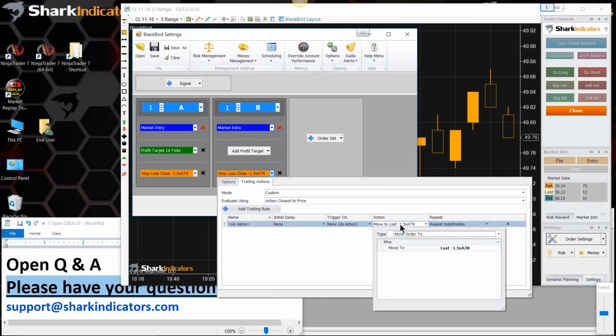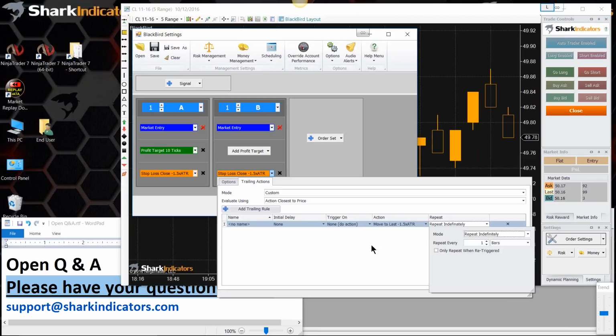It's going to keep our stop loss trailing by 1.5 ATRs, and it's going to repeat every bar. Of course, we could have our stop loss move every tick in profit if we wanted to, just by using ticks in direction. But I'll just leave it there. I don't want to get too sidetracked.